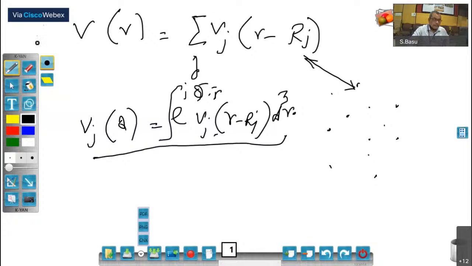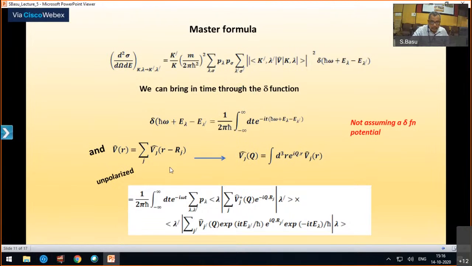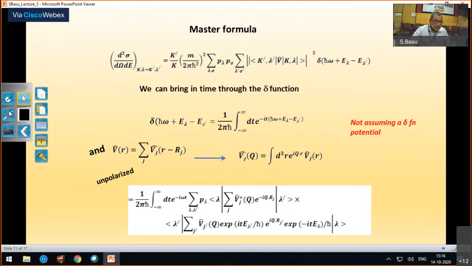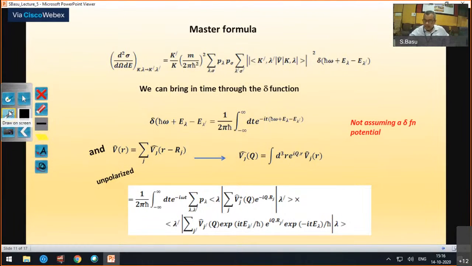Then I come here. As I wrote here, I'm working with the Fourier transform of the potential.